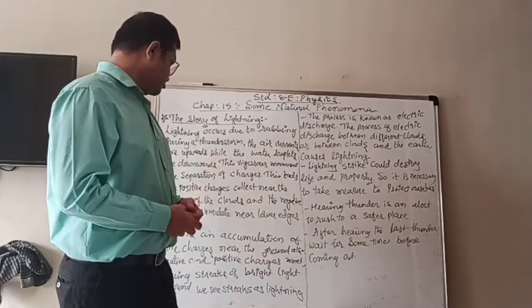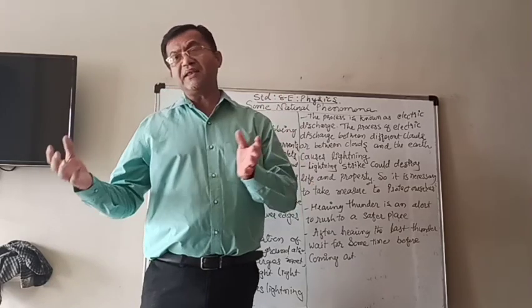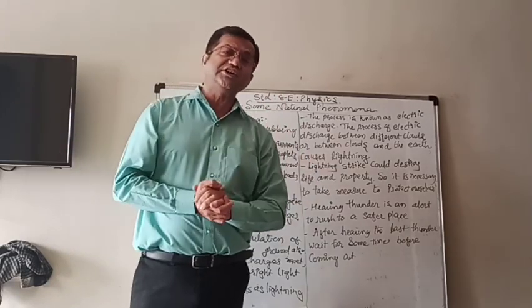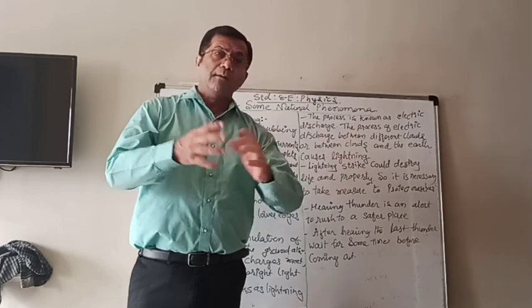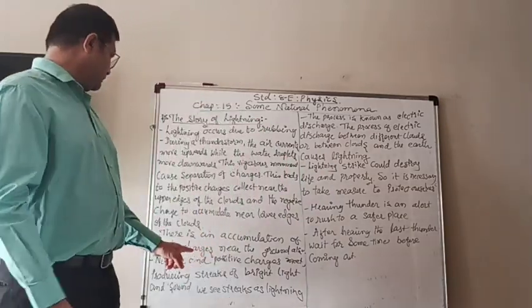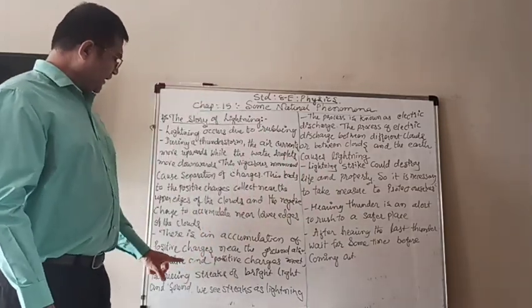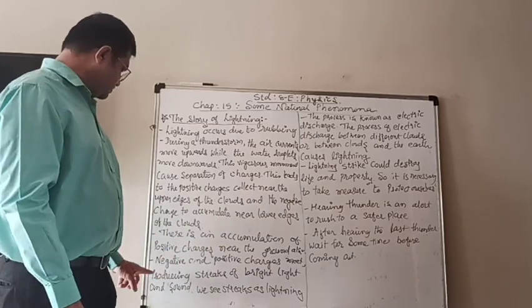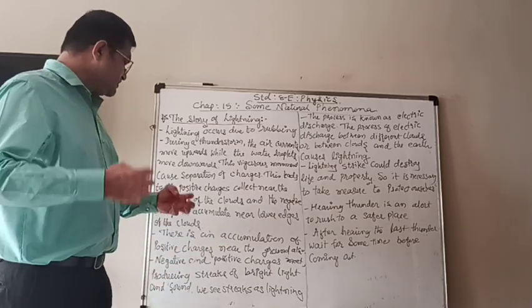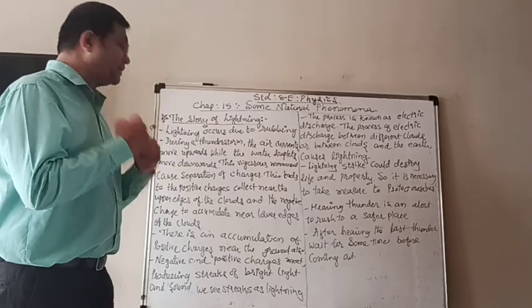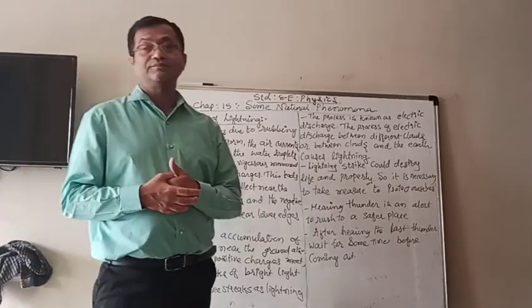And we know that positive and negative charges attract each other. So they will meet each other. And what happens? Negative and positive charges meet, producing streaks of bright light and sound.